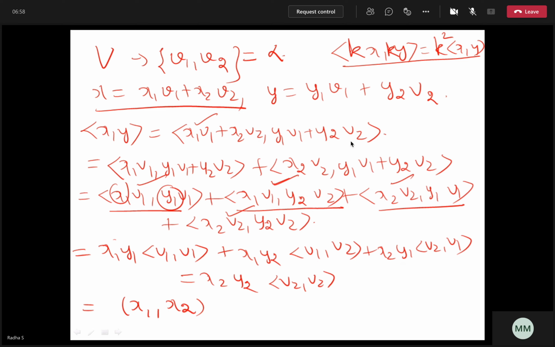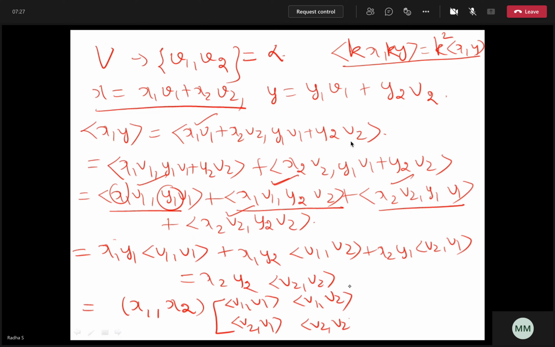X is written as x1 v1 plus x2 v2. So what is x1 comma x2? It is the coordinate vector of x with respect to alpha, into the matrix v1 v1, v1 v2, v2 v1, v2 v2.